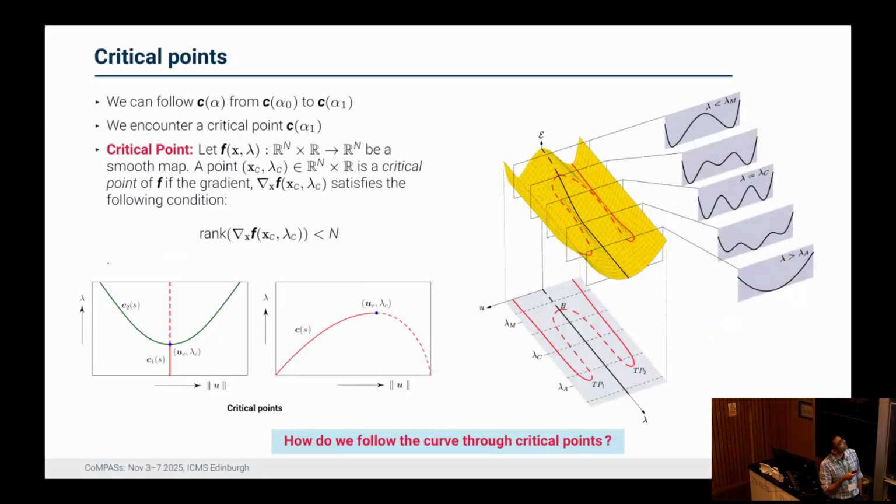So a critical point is where there'll be a rank deficiency, and then you will see that bifurcations and folds happen at those points. In this case, this is a bifurcation point. This is a turning point 1 and turning point 2. Of course, this is a symmetry variant of this one.